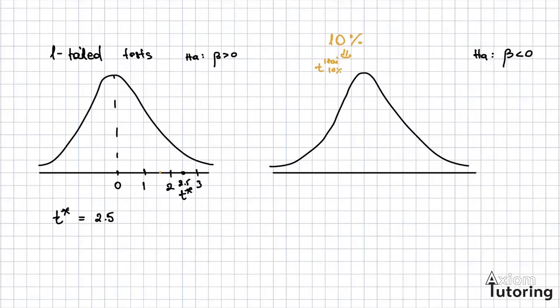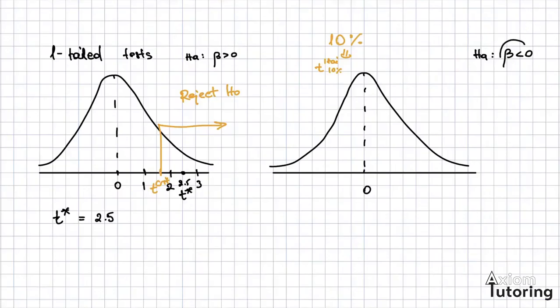It means that your rejection area is defined by your t critical, so anything on this side will be rejected. Whatever number you have, it doesn't have to be the 2.5, it can be the 2, it can be the 3. As long as it is in this rejection area, then you can very clearly state, yeah, we reject the null hypothesis.